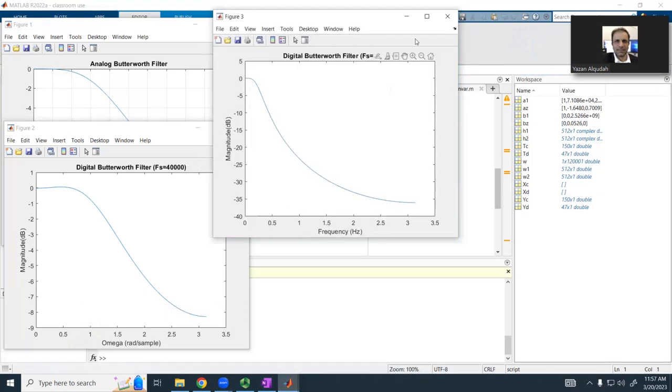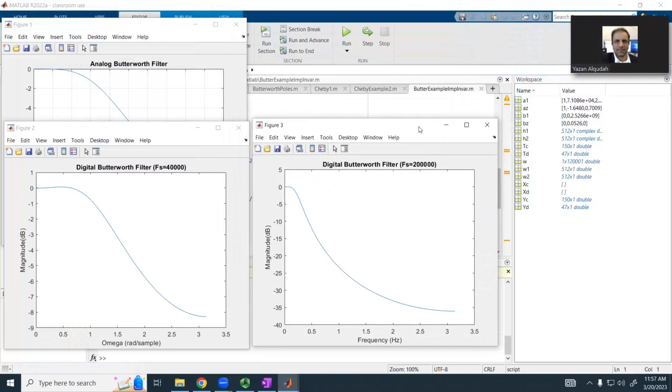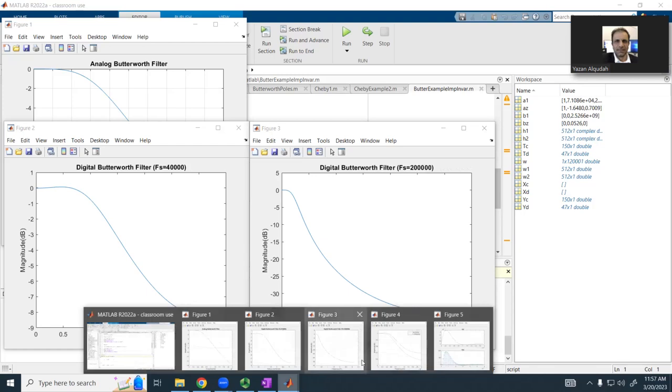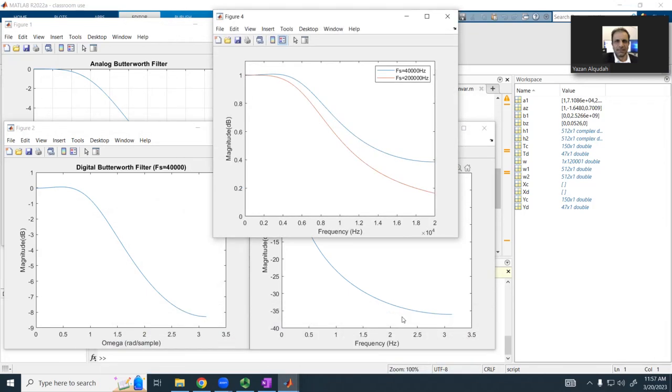And this is our filter that we designed with a sampling frequency of 200,000. And this is the two filters together. This is with the 40,000. This is with the 200,000. Why is there a difference here?